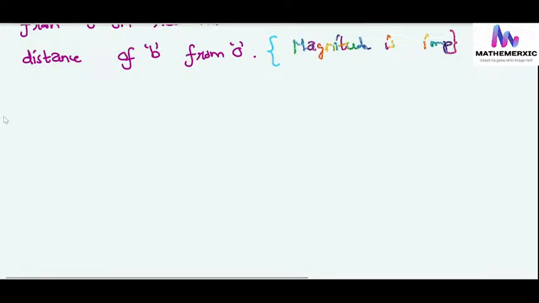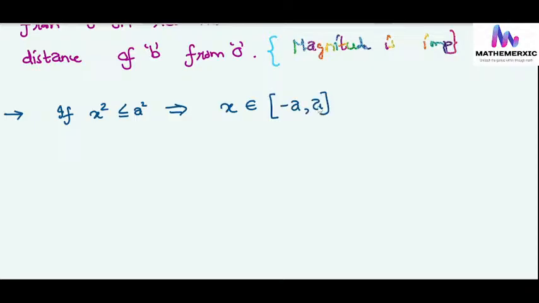One important other conclusion: if x square is less than or equal to a square, it implies that x belongs to the closed interval minus a to a, since equal to is also there.